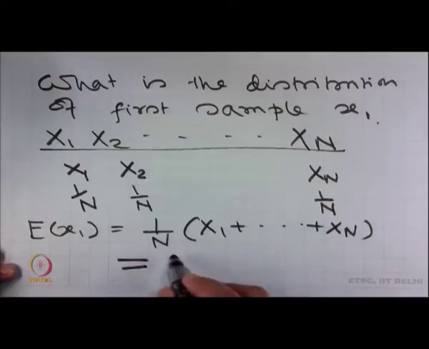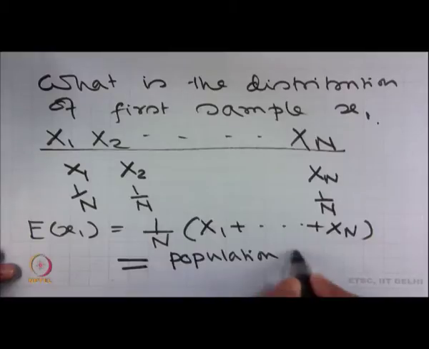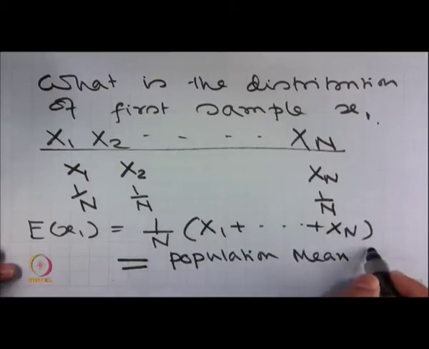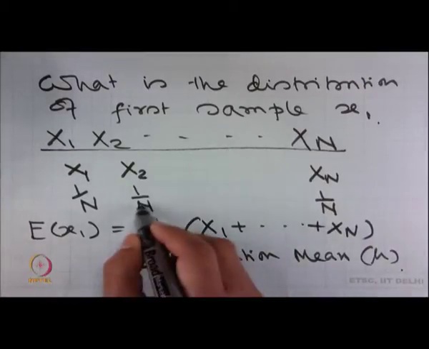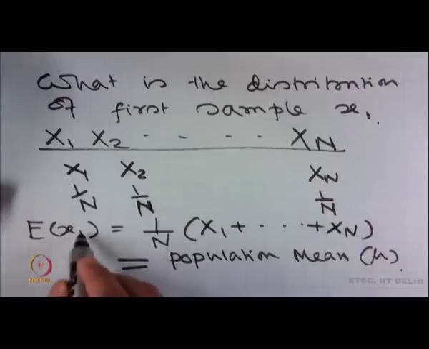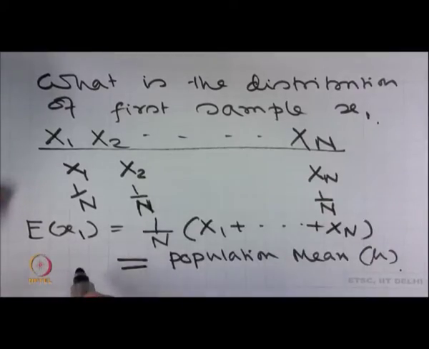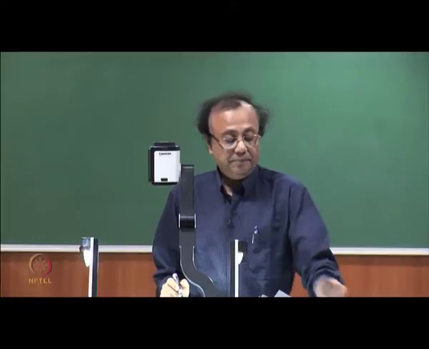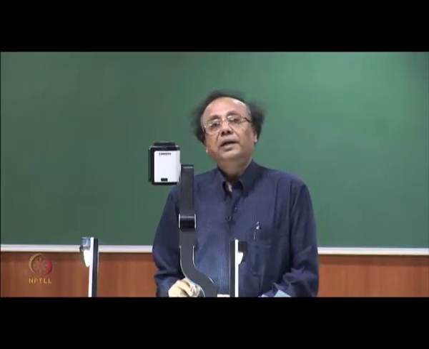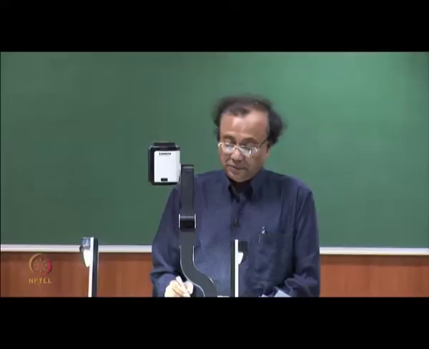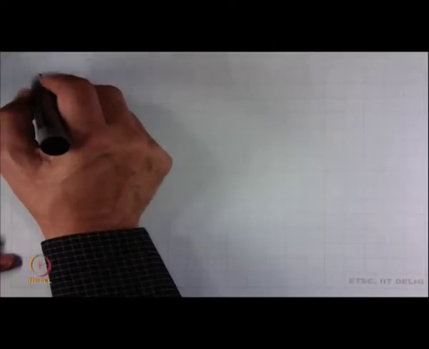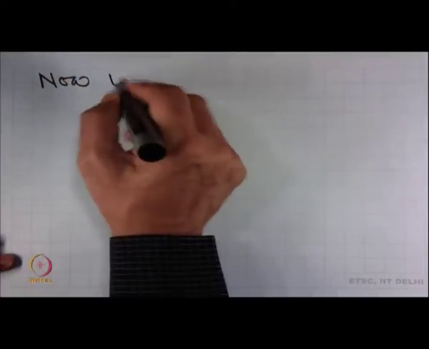Which is equal to the population mean. Let us denote it by mu. Therefore, the first sample has expected value equal to the population mean, irrespective of whether it is with replacement or without replacement.